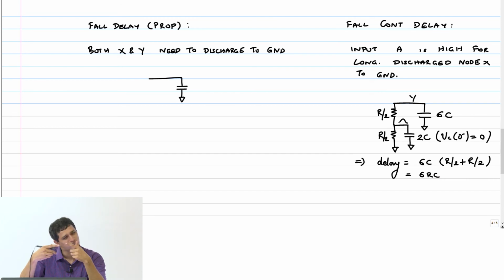So those are second order effects. The first order effect is you can neglect that. The fact is contamination delay is lesser than the propagation delay in these two conditions. As I told you, you can check it out through simulations. It may not be exact, that's all.